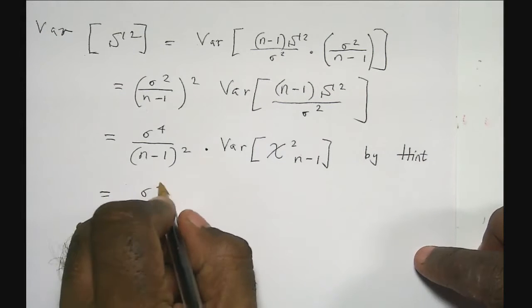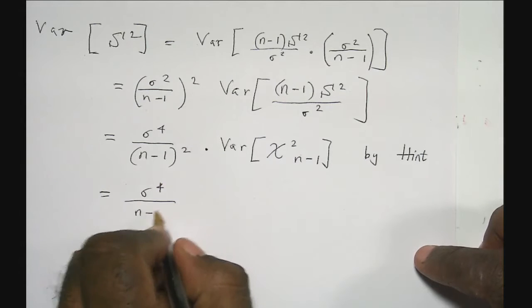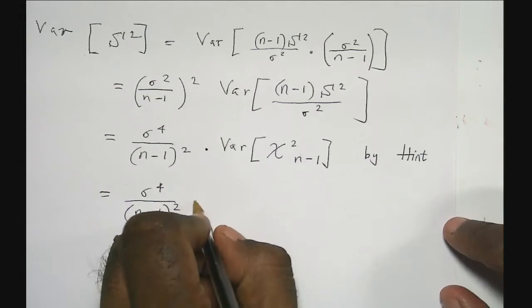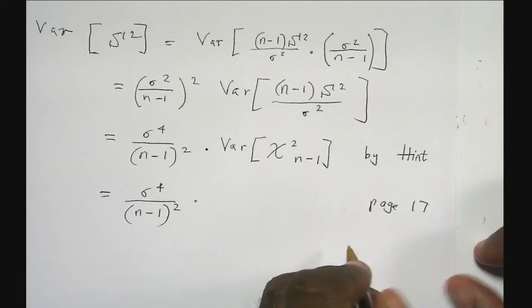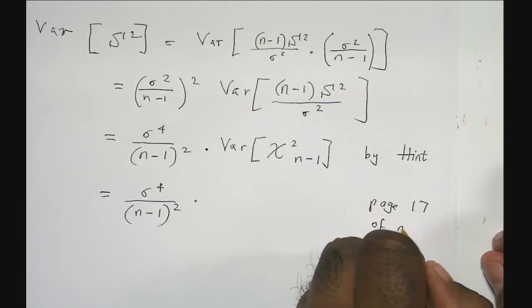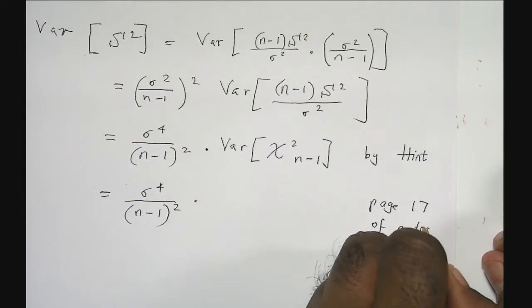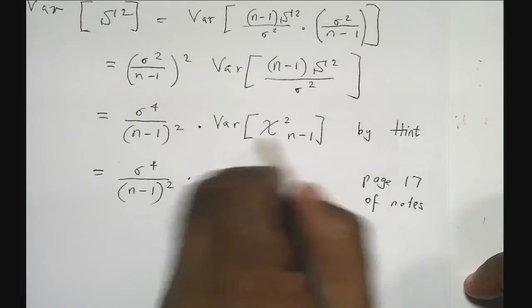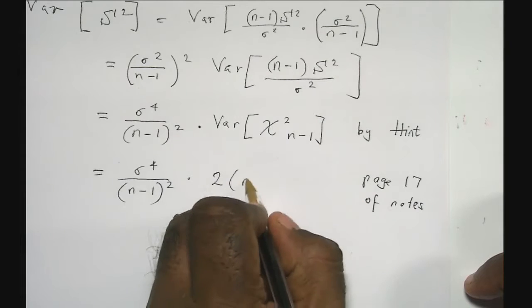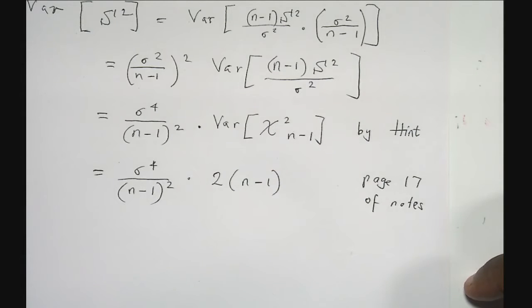Now, I know we haven't come across this yet, but if you look at page 17 of the lecture notes, you will see that this guy here is 2 times n minus 1. Right?